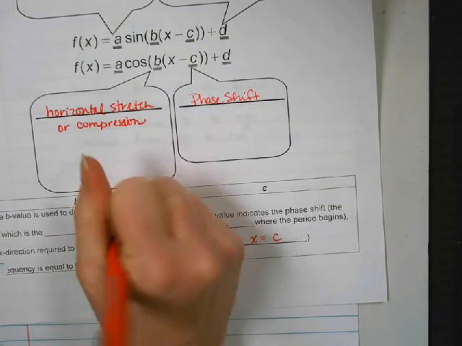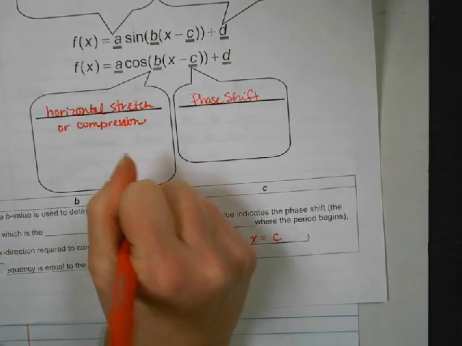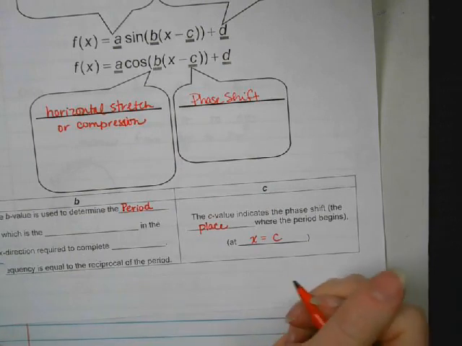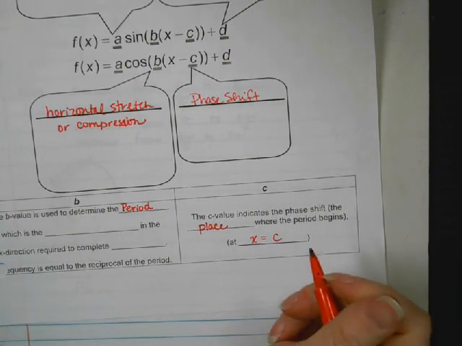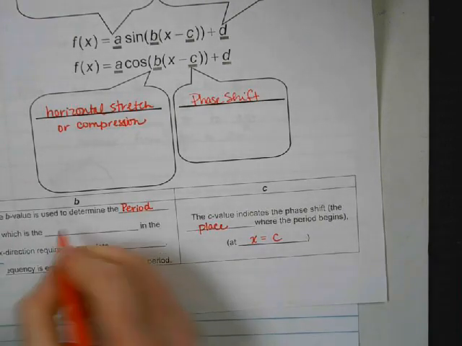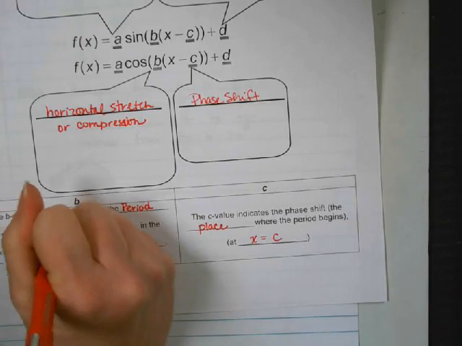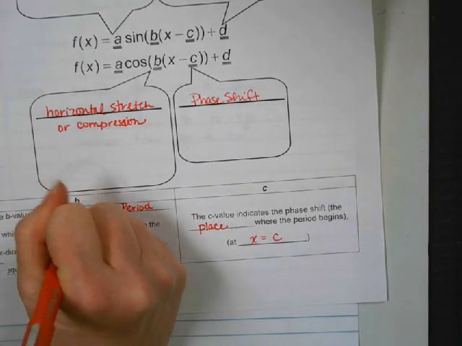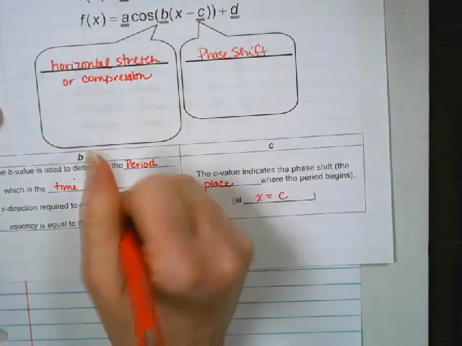It is used to determine the period, which is the time in the x direction required to complete one cycle.